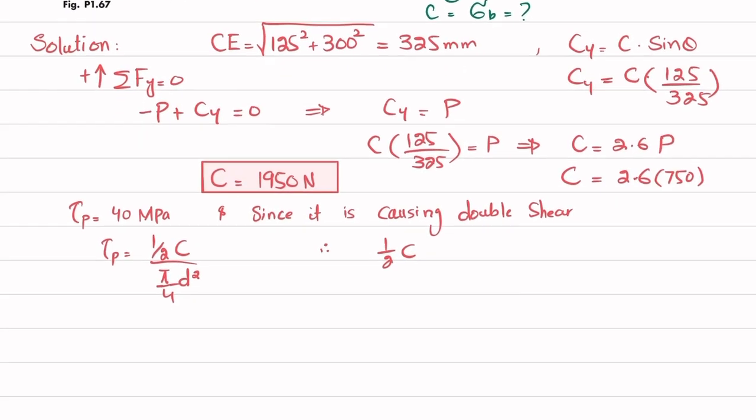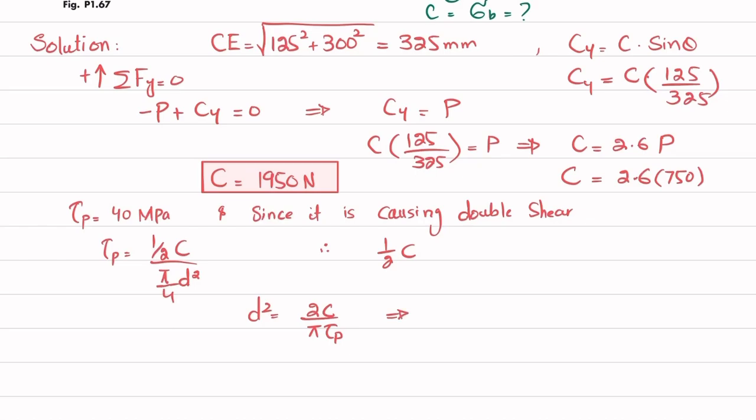So you can just put the value over here. D square will be equal to 2C over pi into shearing stress in pin.